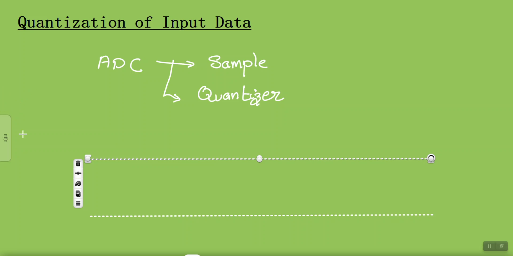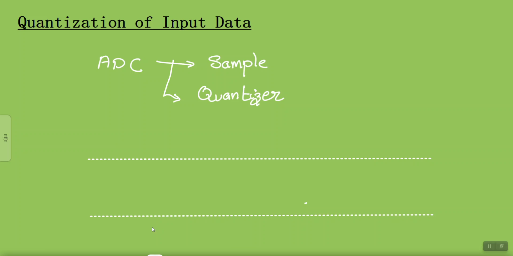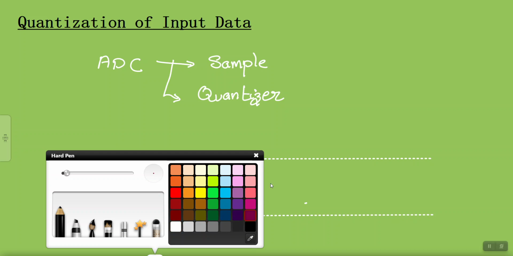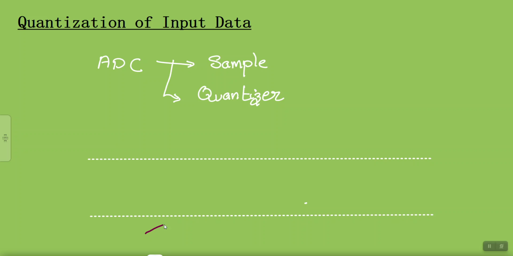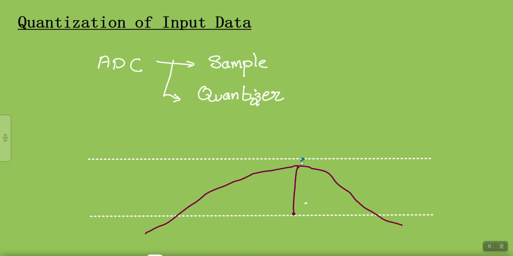If I am having an analog signal like this, and if I sample at this interval, it is either quantized to this value or quantized to this value according to the nearest level.